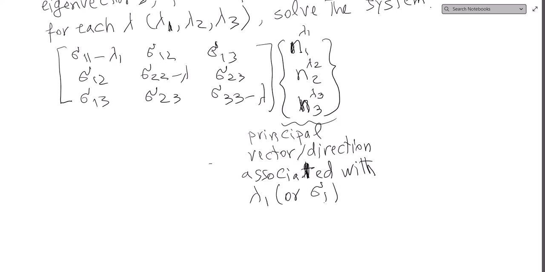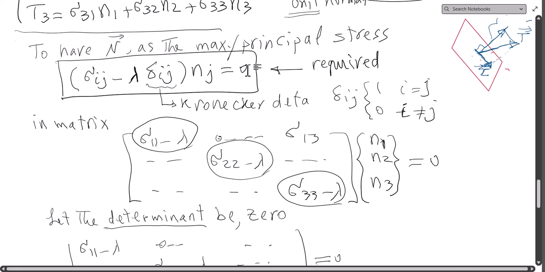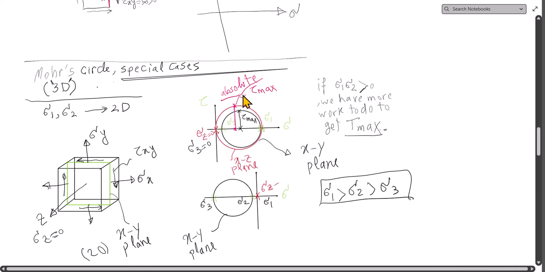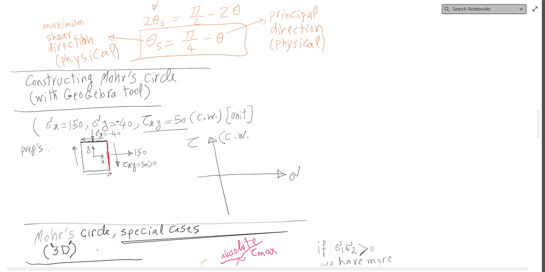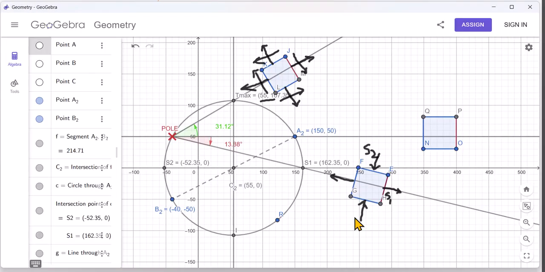So for any principal stress, we need a corresponding orientation. This is what we discussed in the numerical example. You see, for this one, I have an orientation, which we showed here, and similarly for shear.